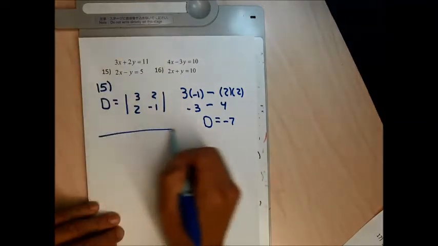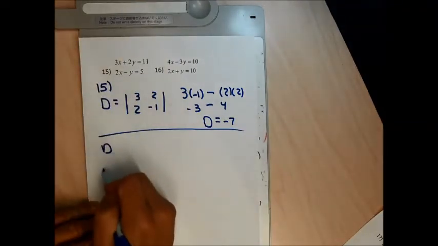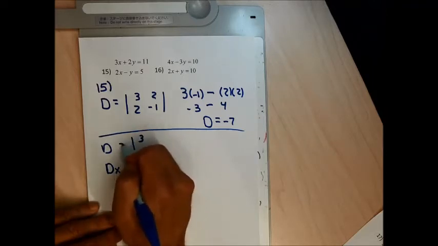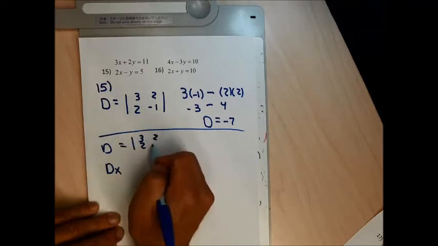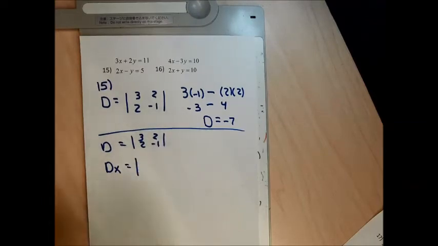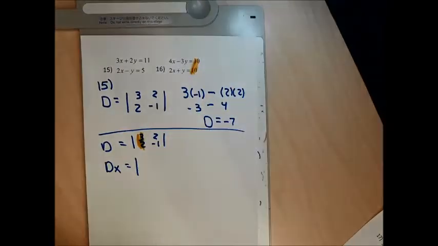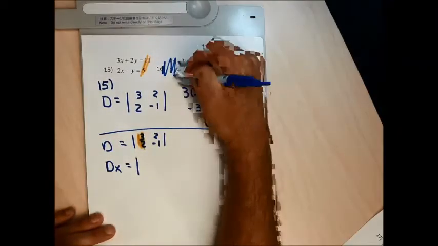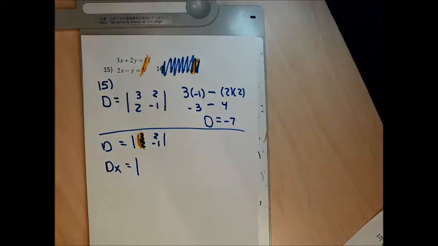Done with the D, moving on to the D sub x. To do the D sub x, you take the D matrix and you change the numbers in the x column to the numbers in the equal column. So I'm going to change this 3, 2 to that 10, 10. No, I'm going to change this 3, 2 to that 11, 5 because I'm not doing number 16.